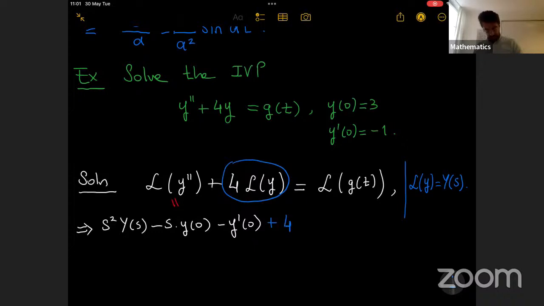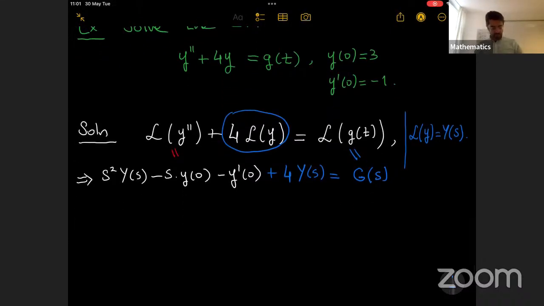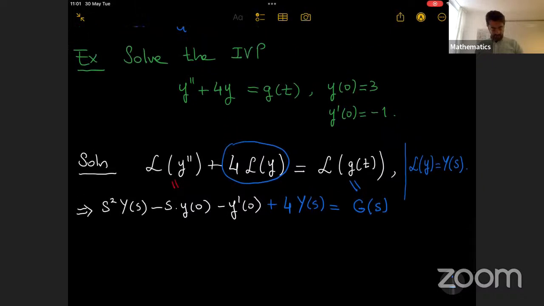Plus 4 times, this is nothing but Y(s), is equal to, let's call this G(s). It's going to be a function of s after you apply the Laplace transform. So let's call it capital G. That was 3, and this was -1.